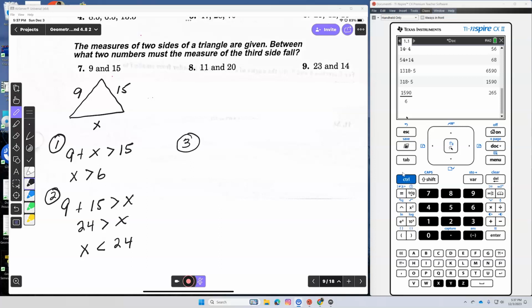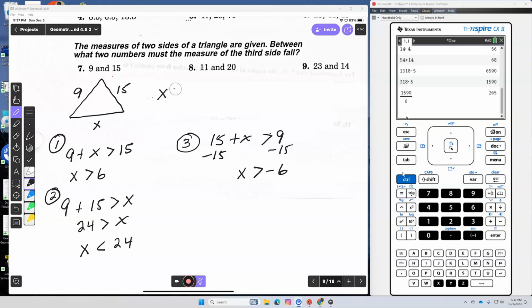We're going to say that 15 plus x are the two shorter sides, and it has to be greater than 9. So I subtract 15 from both sides, and x would have to be greater than negative 6.